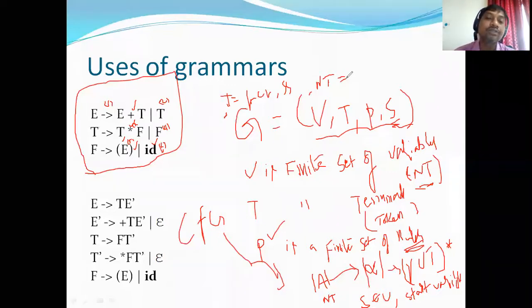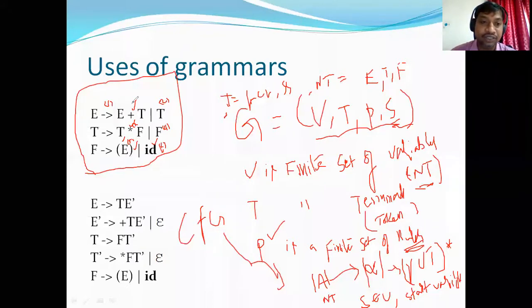If you look at this grammar, it contains three non-terminals: E, T, and F. And it contains one, two, three, four, five terminals: plus, asterisk, open parenthesis, close parenthesis, and ID.